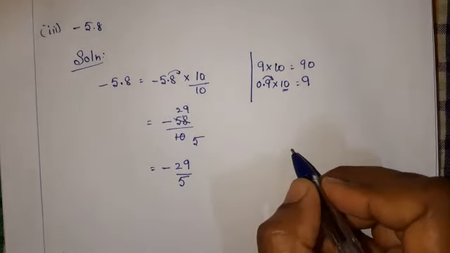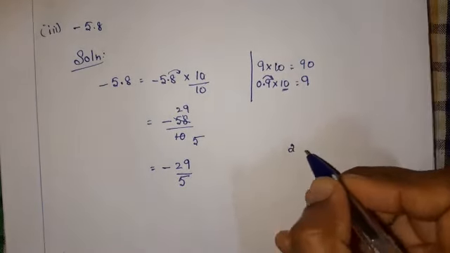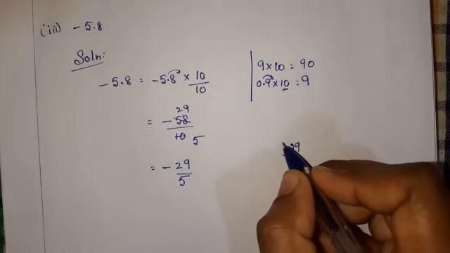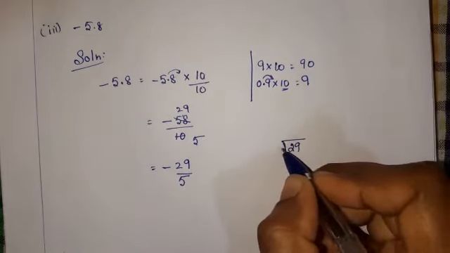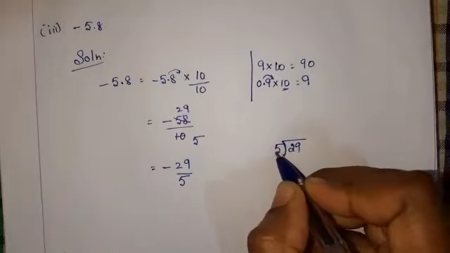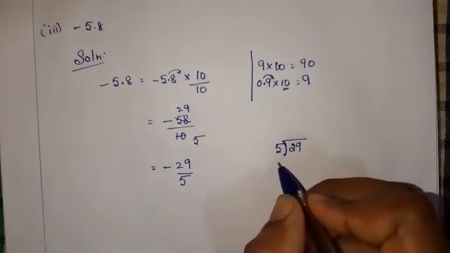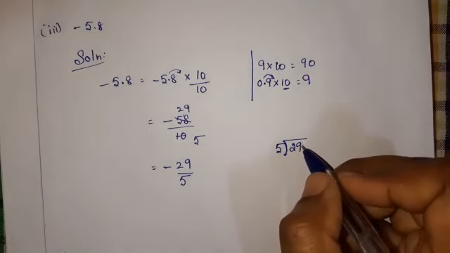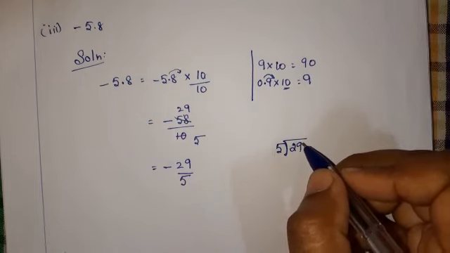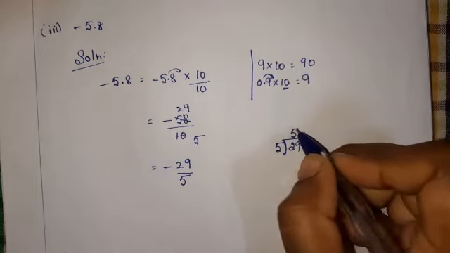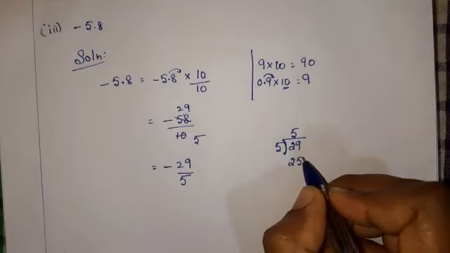That you know already. Take the numerator and write like this, that is 29 divided by 5. Give the table 5. 1 5 is 5, 2 5s are 10, like that. 5 5s are 25.